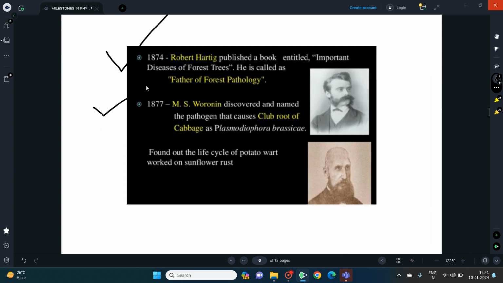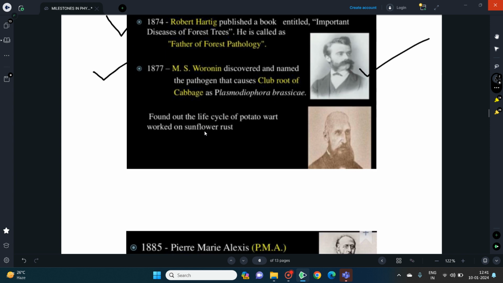In 1877, M.S. Woronin discovered and named the pathogen that causes club root of cabbage, Plasmodiophora brassicae, and he also worked on the life cycle of the pathogen on sunflower.